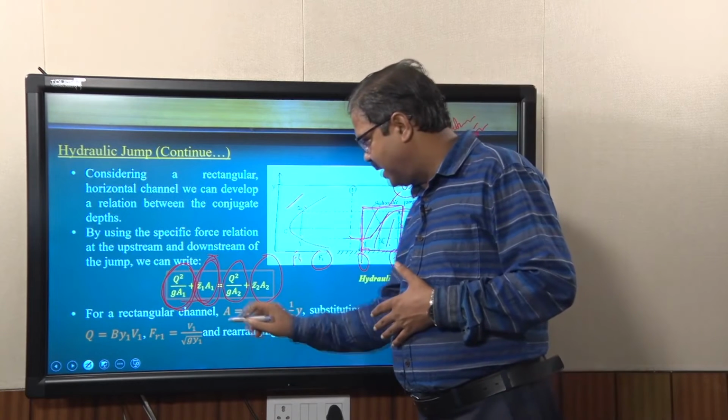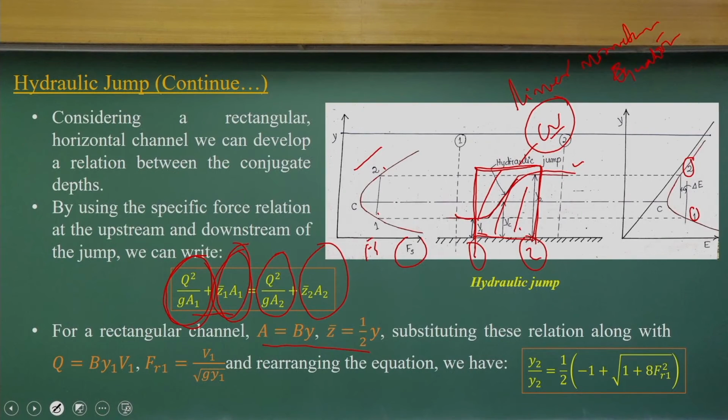Using simple geometric relations for a rectangular channel, like area equal to B times Y, and the centroid or pressure center, together with the continuity equation, in terms of the upstream flow Froude number we can find a relationship between Y2 and Y1, which is a function of the upstream Froude number.